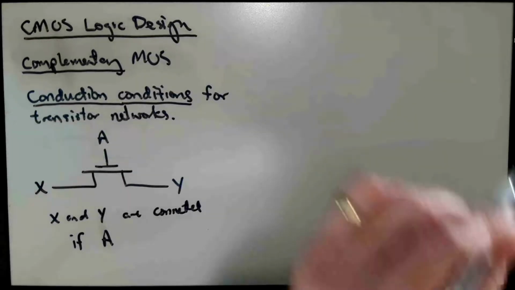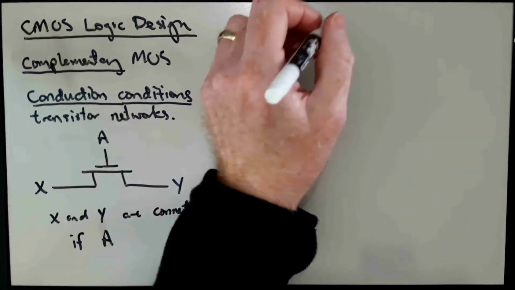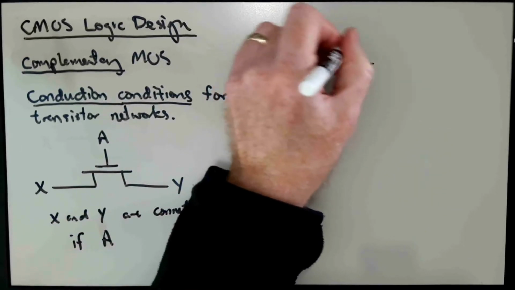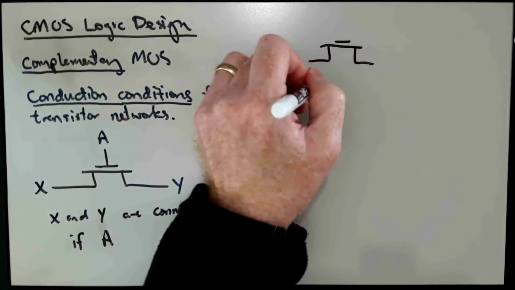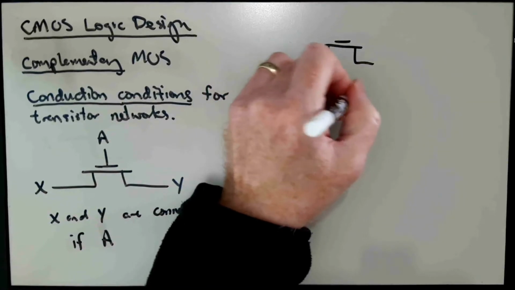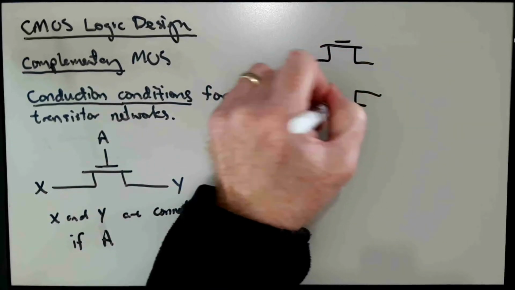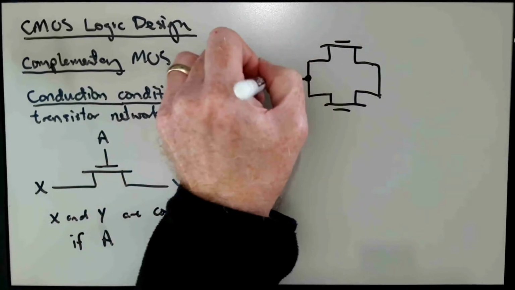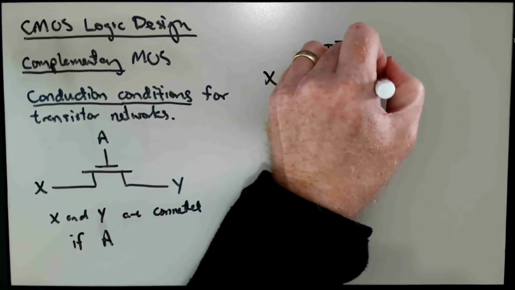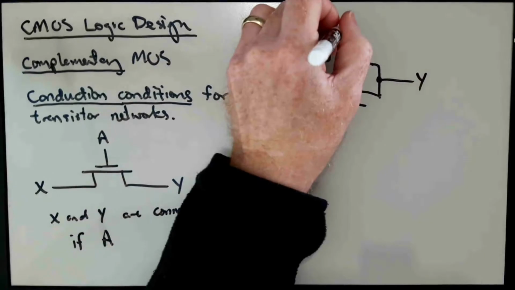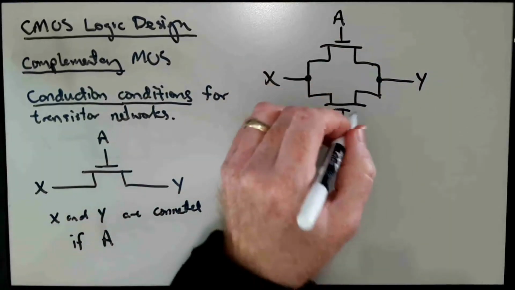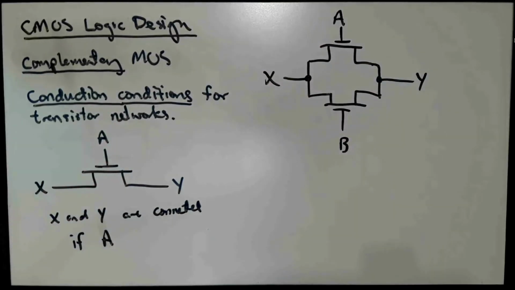Okay, so how about if we put two NMOS transistors in parallel with each other? Like so. We have X over here and Y over here. And let's say we have A in the gate of the top transistor and B in the gate of the bottom transistor.